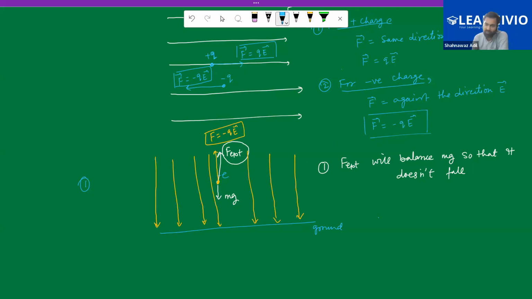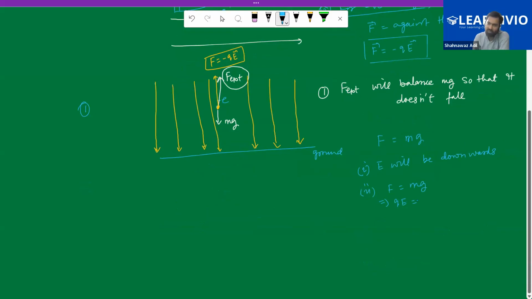And this force will balance this mg. So we have F, this is mg, and E will be downwards. Right, this is the first point. Magnitude would be what? F is mg, and this is QE, which is mg. This question you have done in your class already.